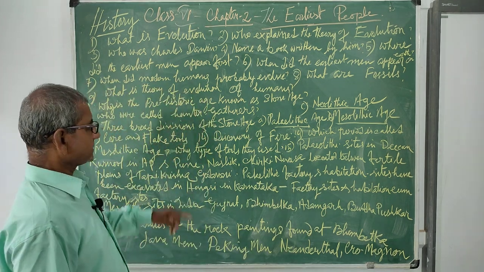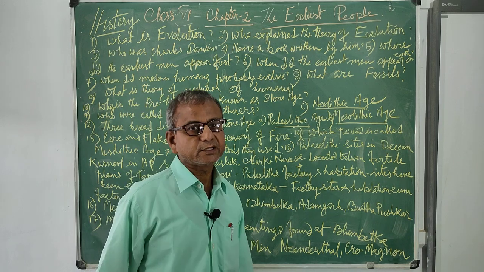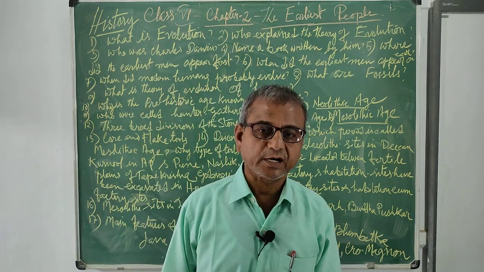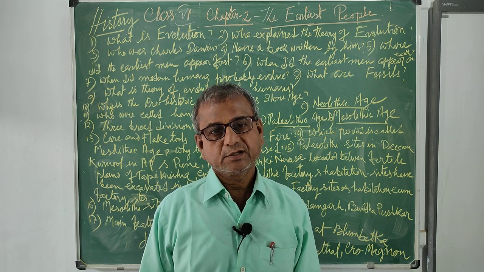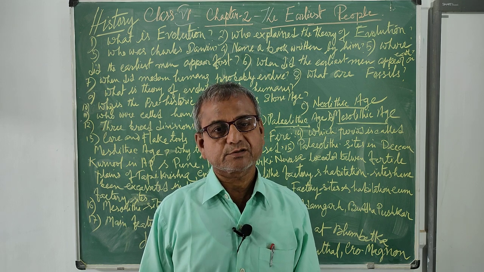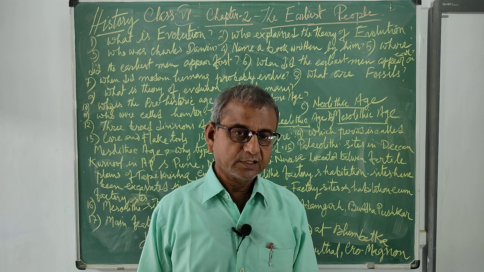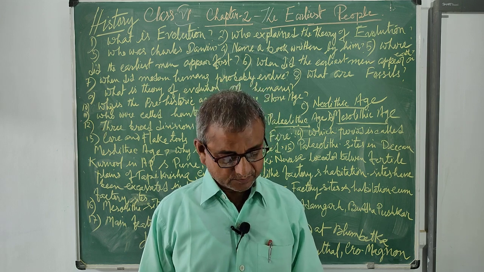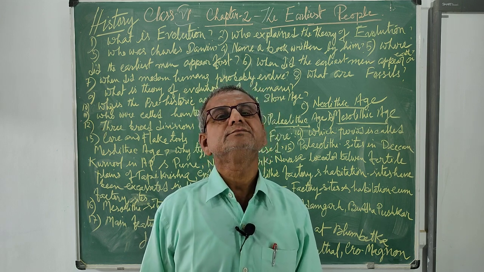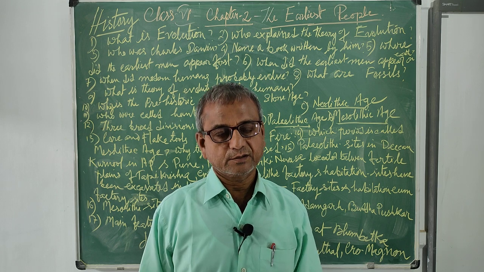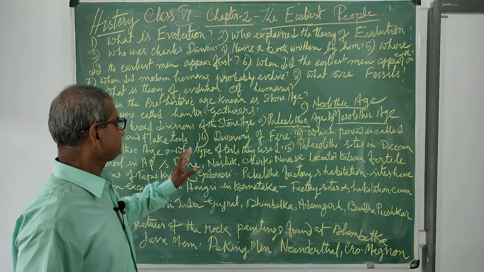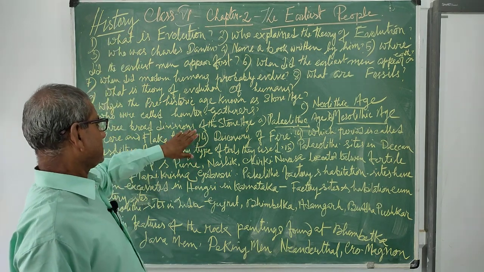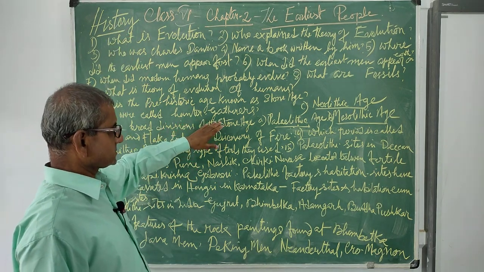Now, who are called hunter-gatherers? In the Paleolithic age, people are called hunter-gatherers. They used to hunt animals and also collected fruits, roots, seeds, and leaves from the jungles, that's why they are known as hunter-gatherers.